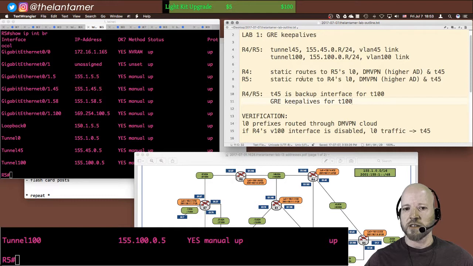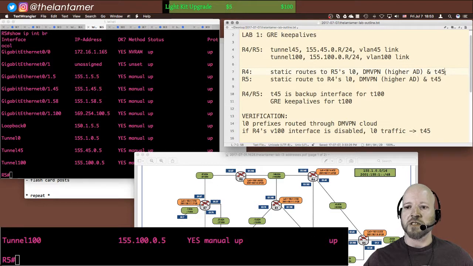Which is interesting that you would do a static route with the higher administrative distance on the DMVPN link because, oh, I see why. I guess I can see this logic. So the logic is we would use tunnel 45 first if it's up, but we're normally going to have it down.